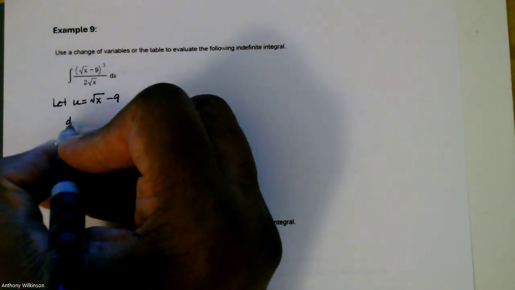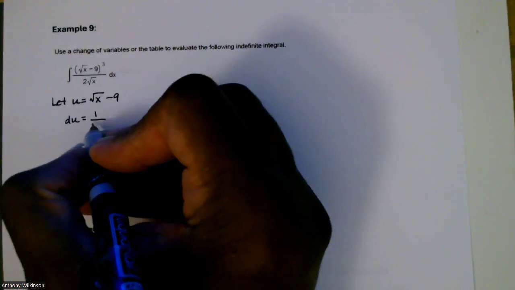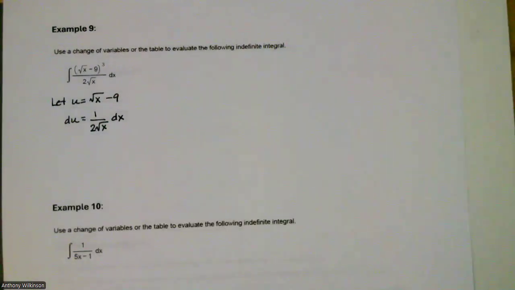And then du. If you recall, the derivative of the square root of x is always going to be 1 over 2 square root of x dx. All right.